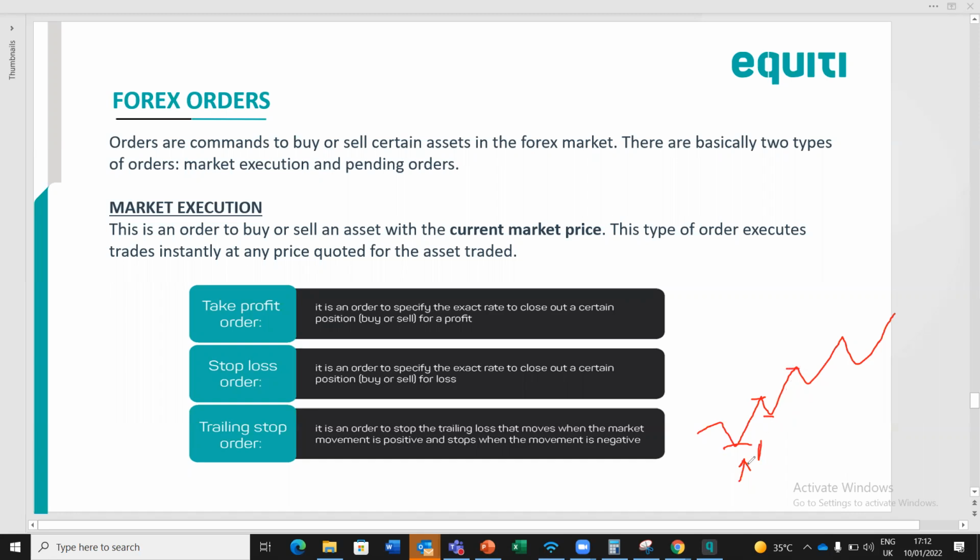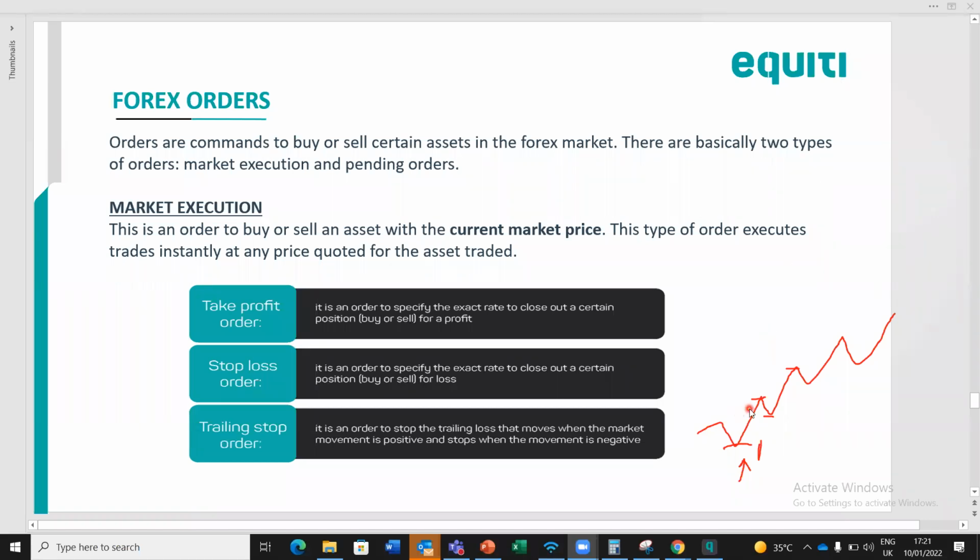right? Until you close this buy order that you have placed, the order is not going to close.